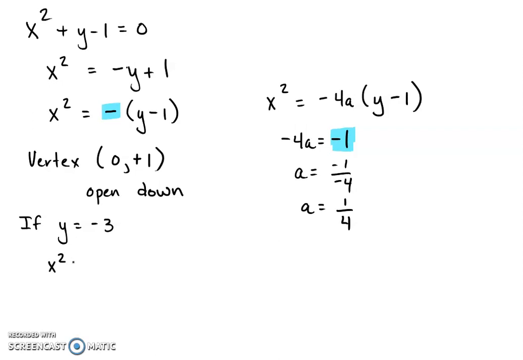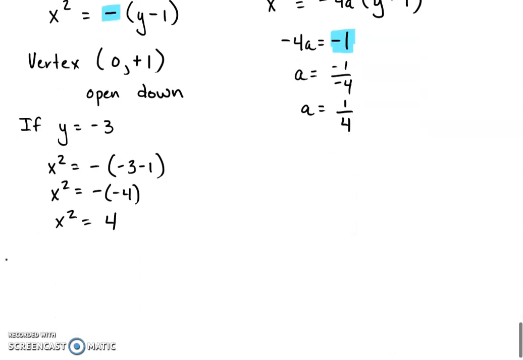So we have x squared equals negative 3 minus 1, which means x squared equals negative 4. X squared equals positive 4. That means x equals plus or minus 2. So we have a point 2, negative 3. And we have our vertex 0, 1.